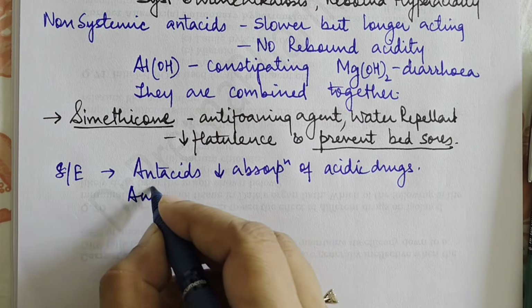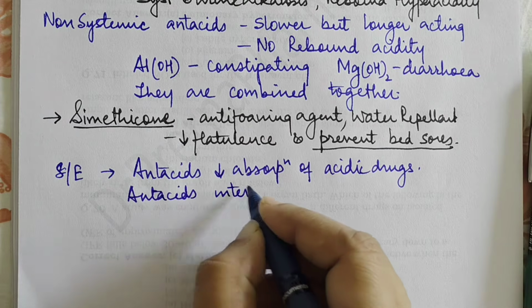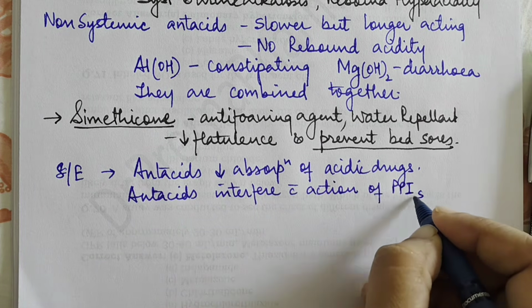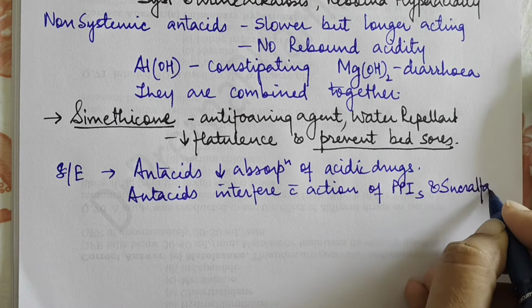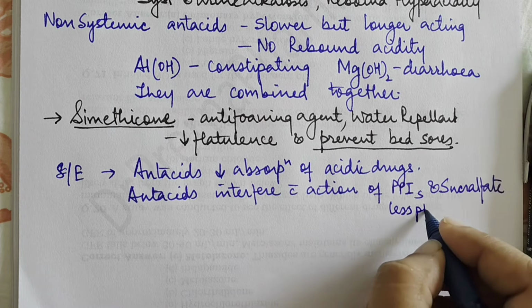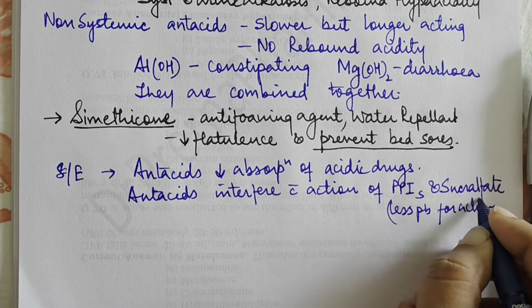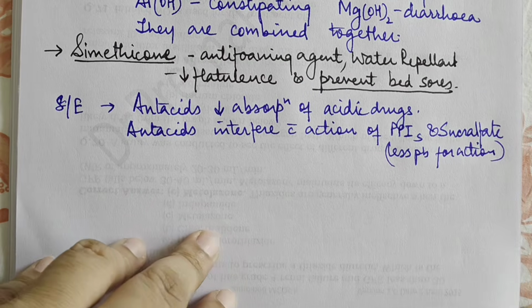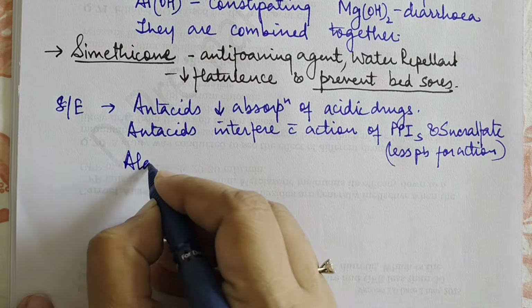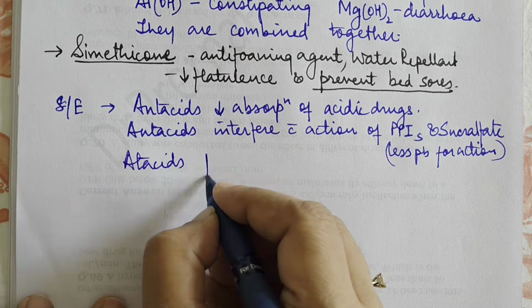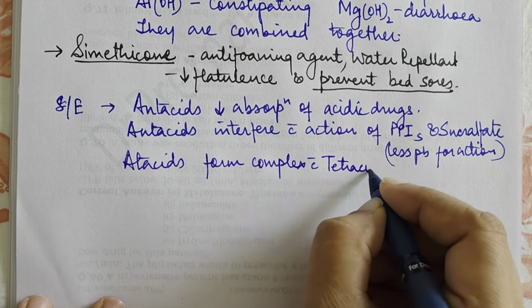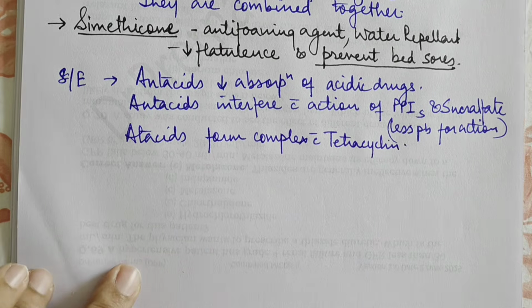Then antacids also interfere with the action of PPIs and sucralfate because they need a low pH for action, so these drugs do not act if you also give an antacid to the patient. Then antacids form a complex with tetracycline, so tetracycline should not be given with antacids.